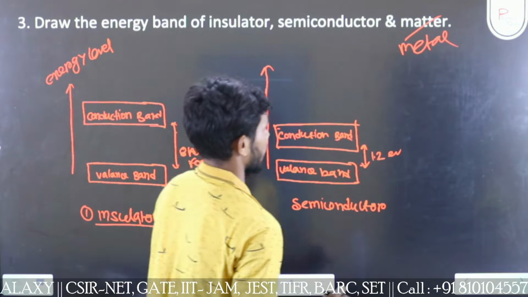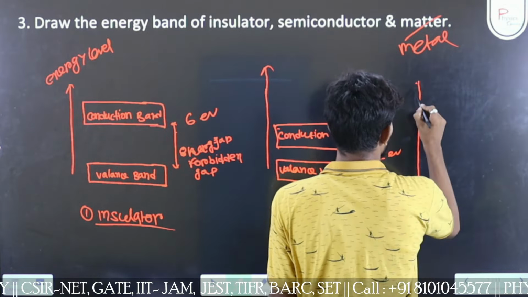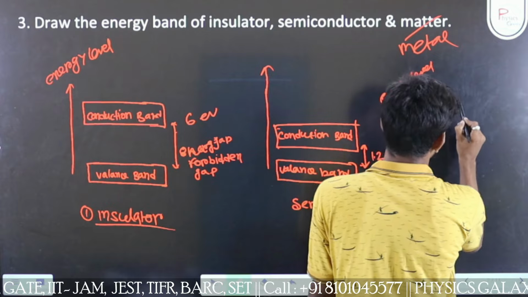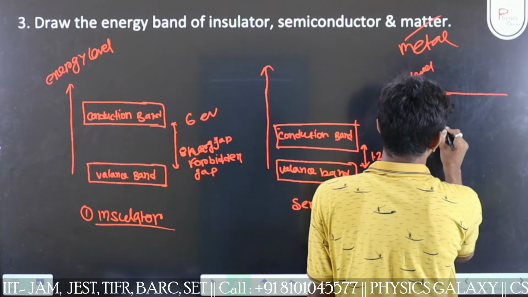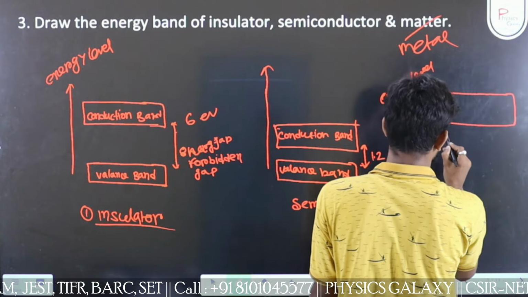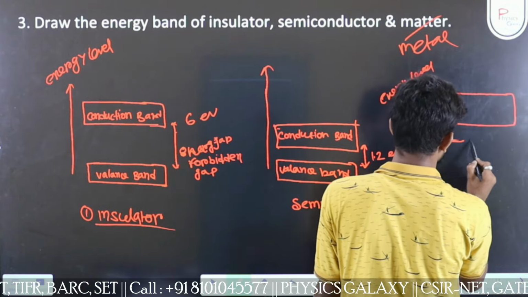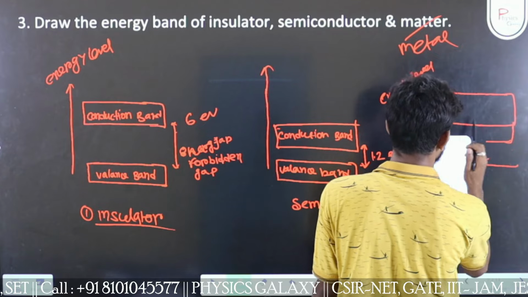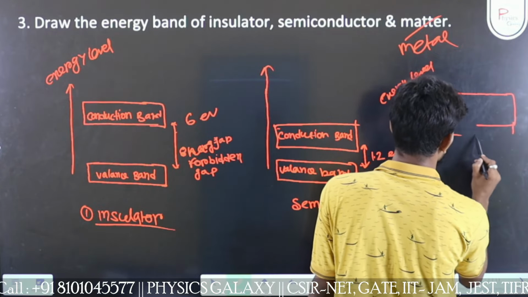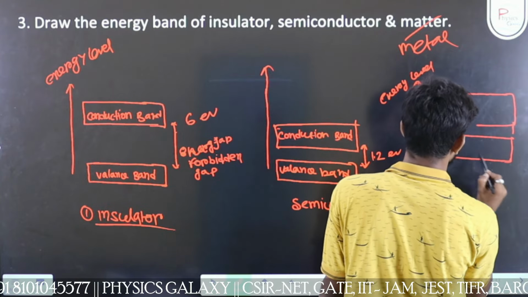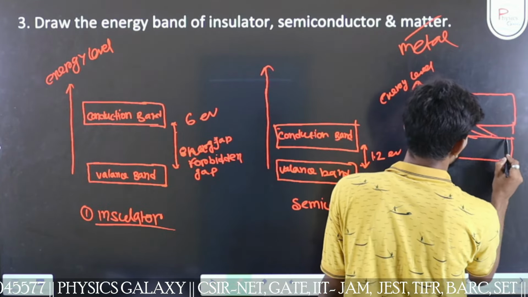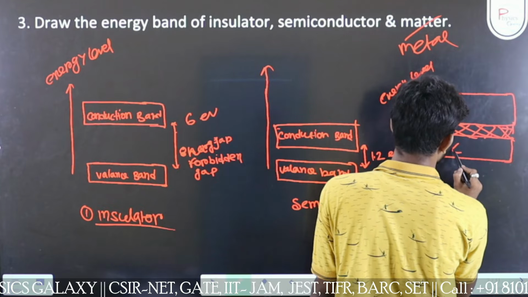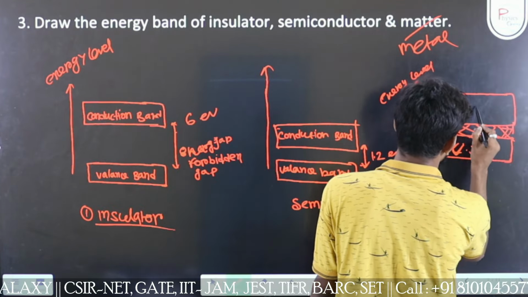And for metal, this is the valence band, and this is the conduction band.